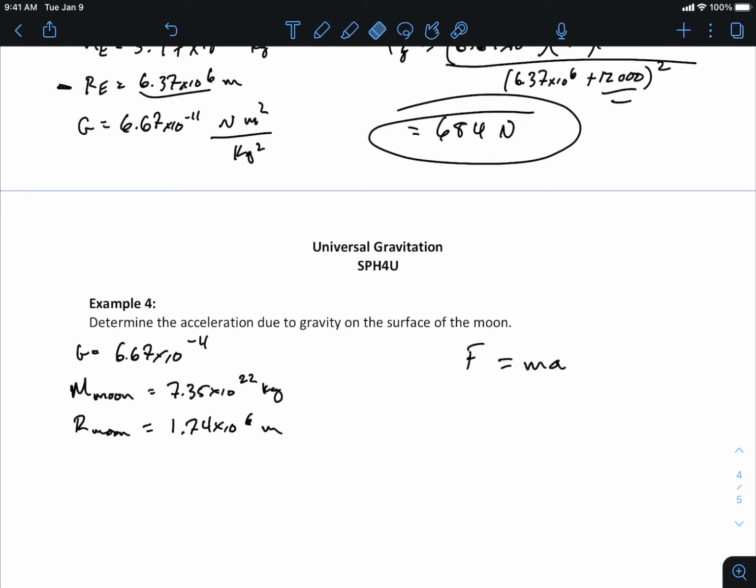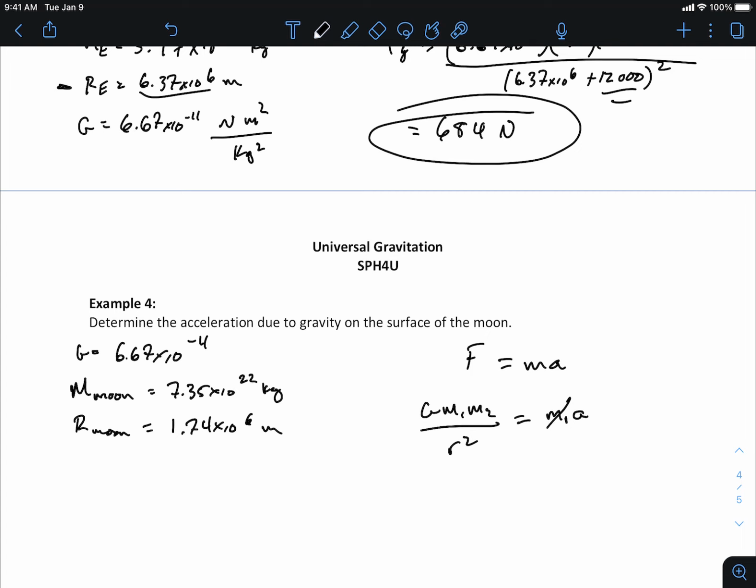We're dealing with G m1 m2 over r squared. That has to be equal to the mass of the object, because that's the thing actually accelerating. We'll call it m1, multiplied by a, the acceleration that it's experiencing.